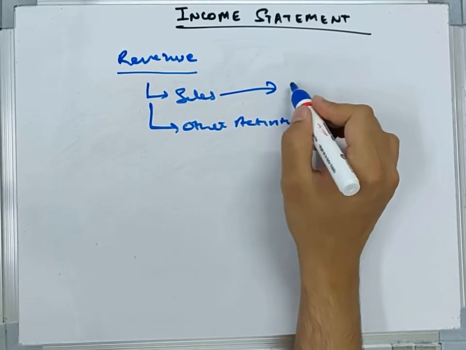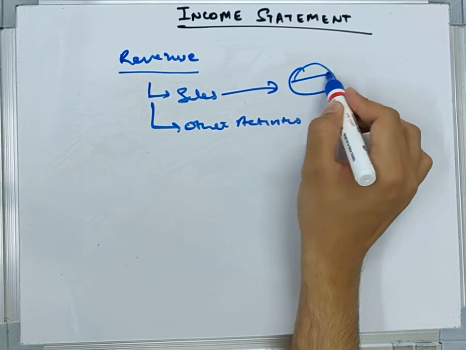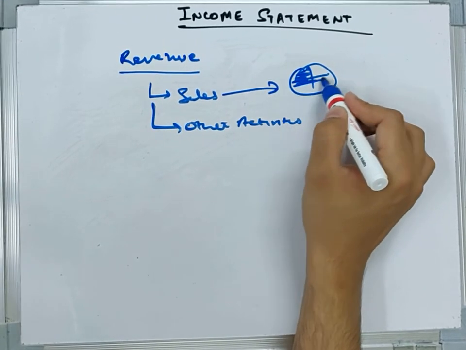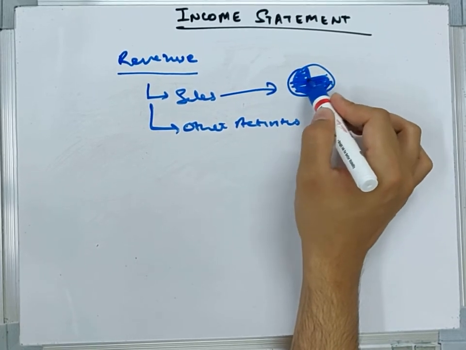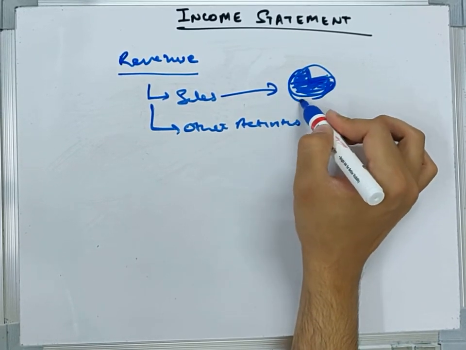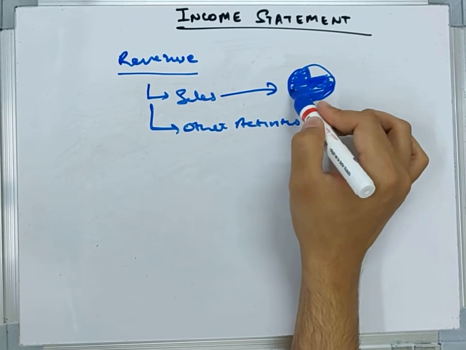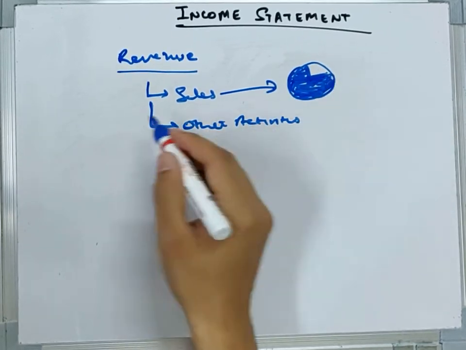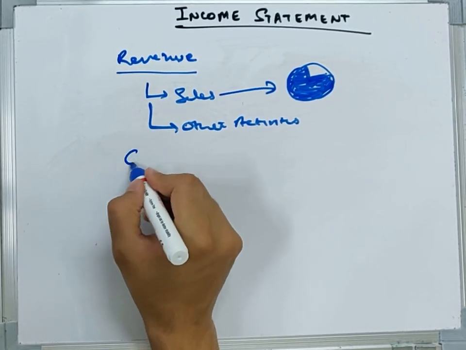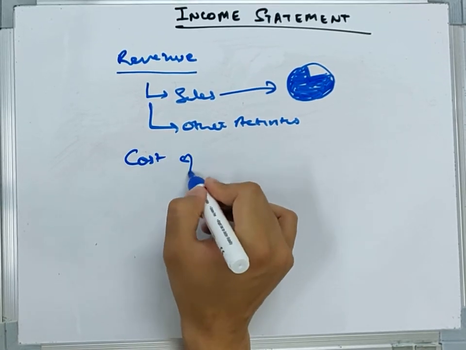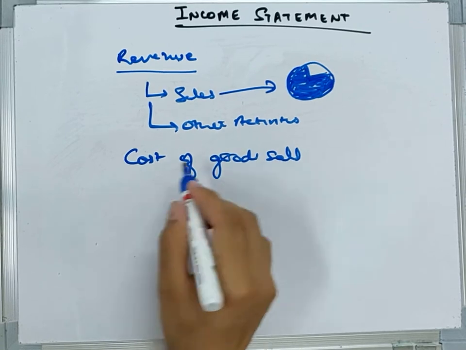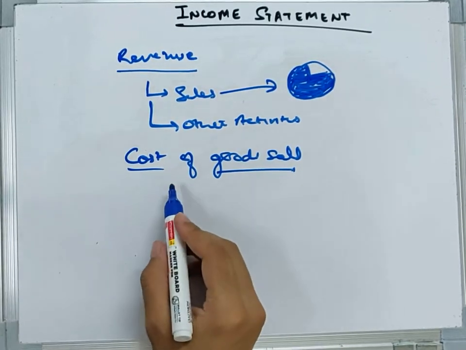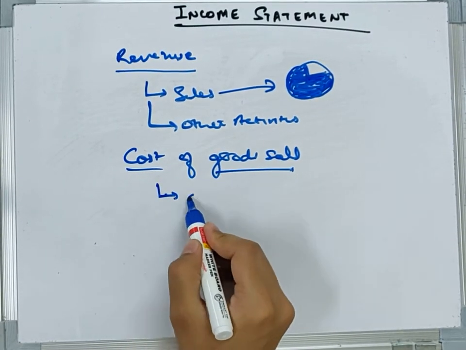Sales will be the majority part of the revenue, and some part might be left to other activities. Corresponding to this sales, there is direct cost in terms of cost of goods sold. That would mean the cost of raw materials.